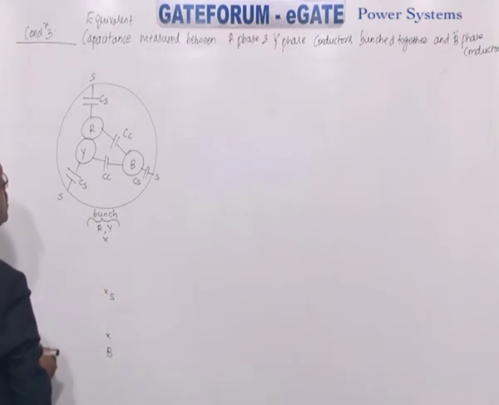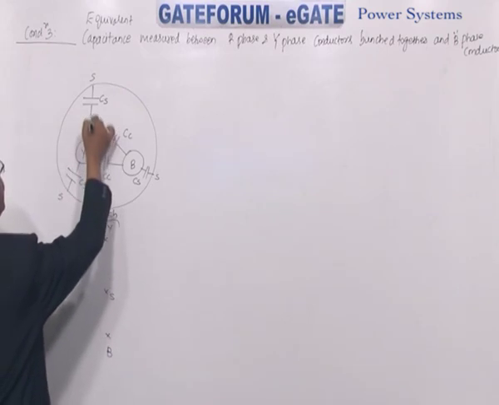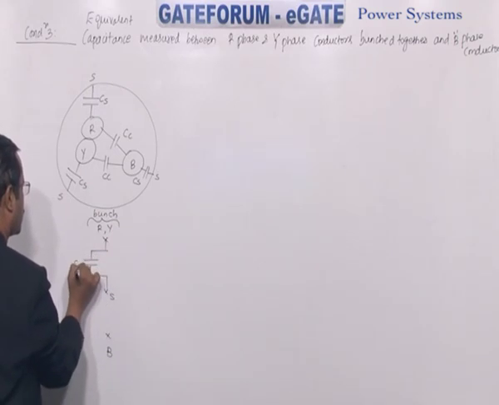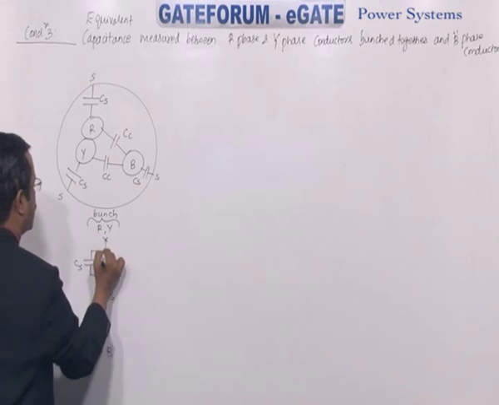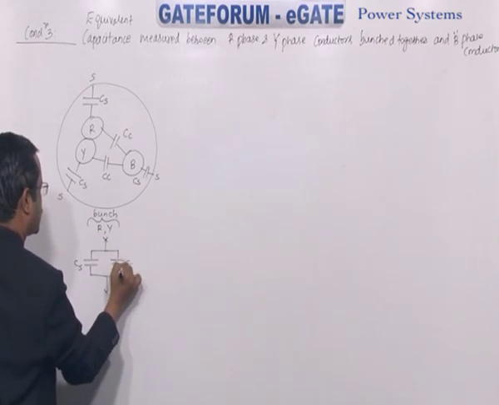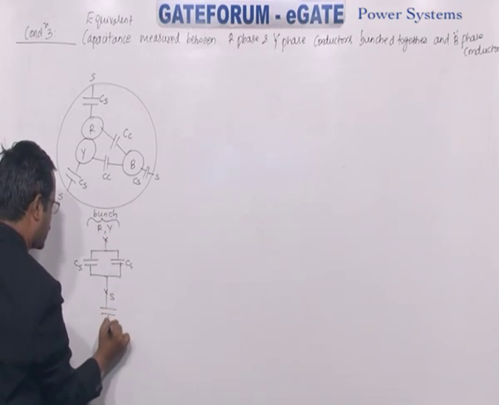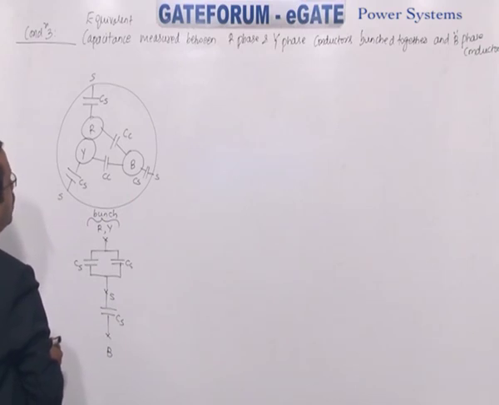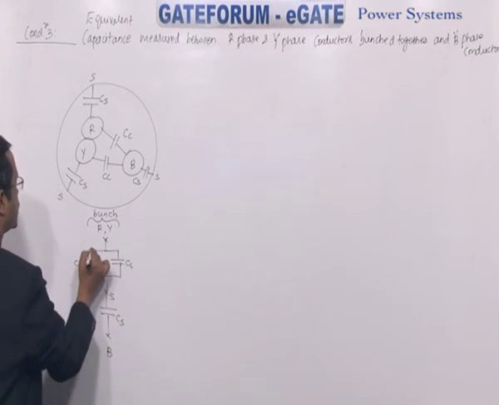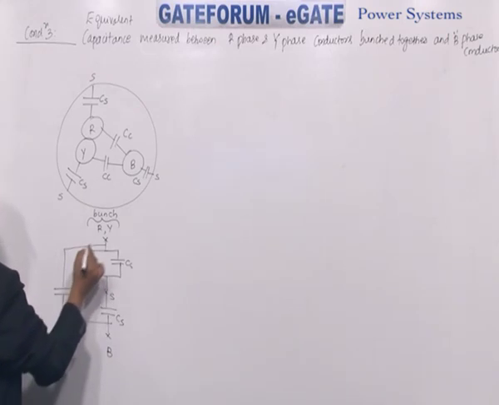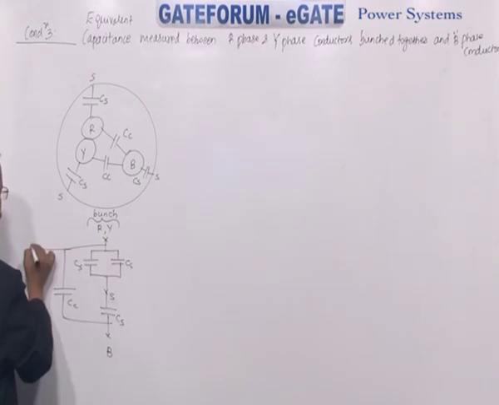In between you locate the sheath. What about R and sheath? It is CS. Y and sheath, again it is CS. B and sheath, again it is CS. R and B, how much? CC. Y and B also same, CC only.